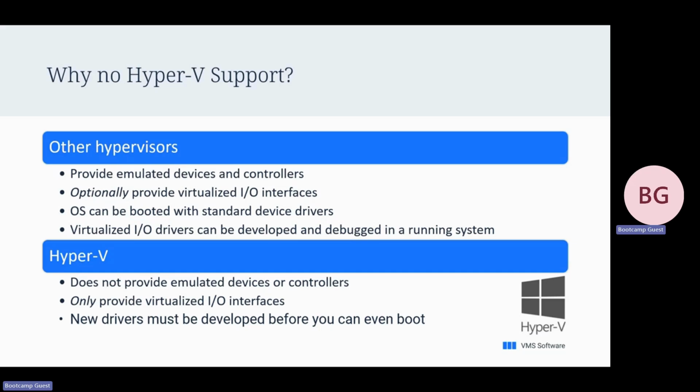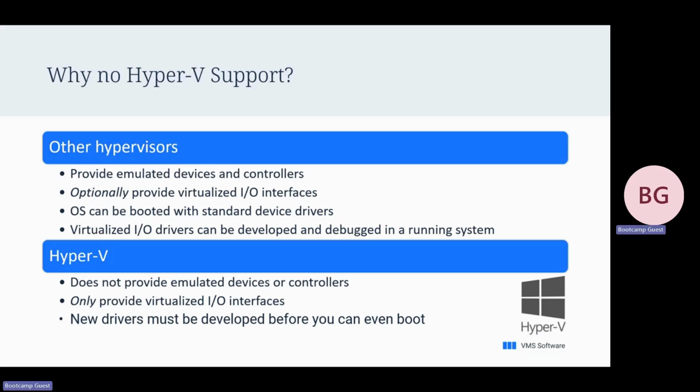They only provide these virtualized I/O interfaces, and Microsoft's virtualized I/O interface differs from the industry standard VirtIO interface that is used on KVM, and it's different from the VMXNET virtualized interface that VMware uses. That means that before you can even boot anything on Hyper-V, you need to have already developed these drivers. And it's a chicken and egg story.